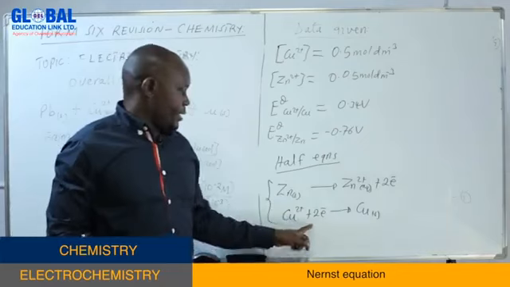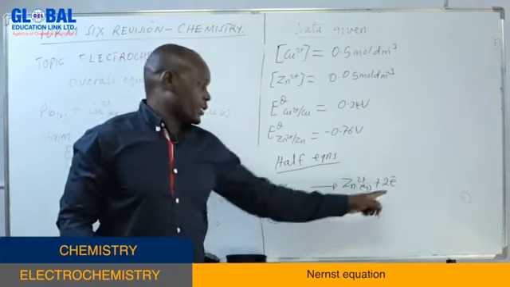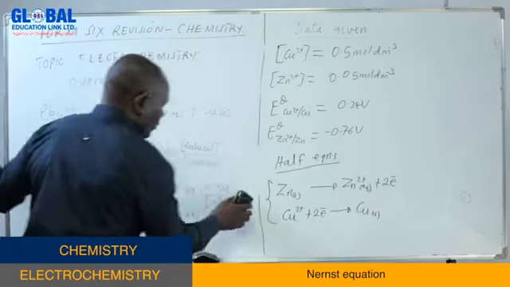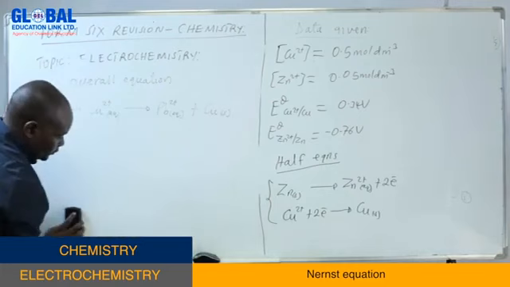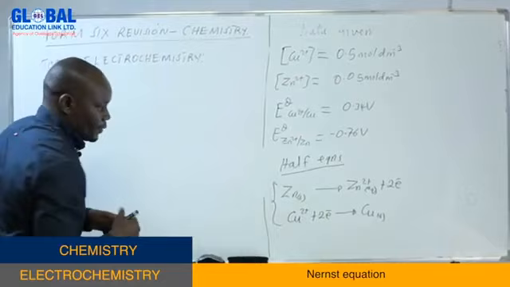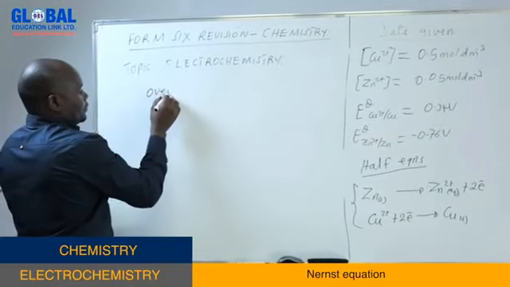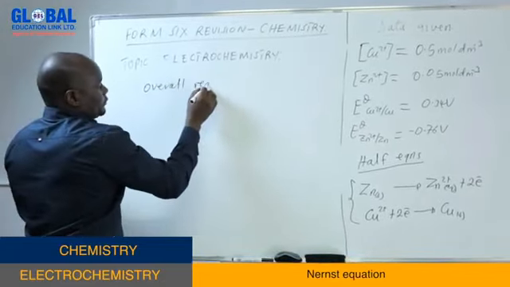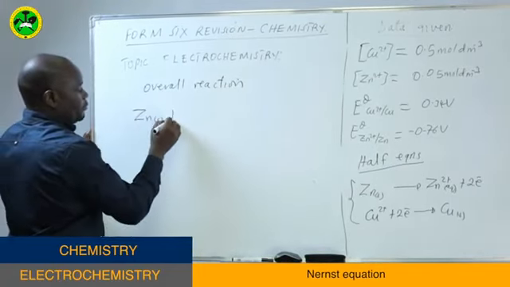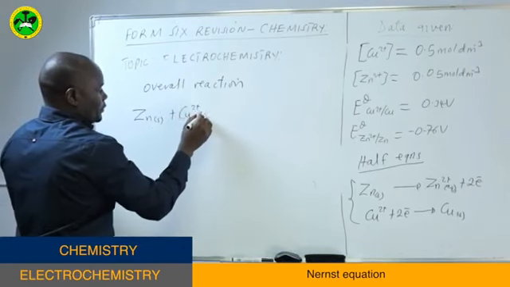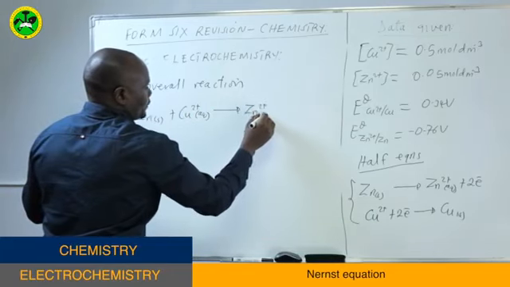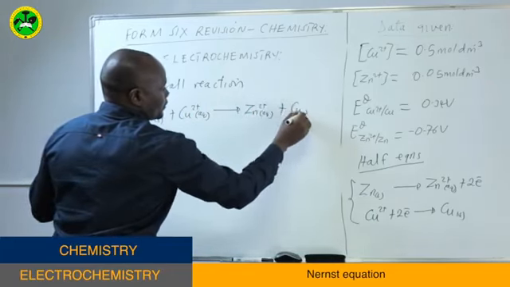Then our n here is 2, because the number of electrons has been balanced at 2. So from there, if you add and find the overall redox reaction, the overall reaction will be zinc solid plus copper 2 ions, then you get zinc 2 ions plus copper solid.